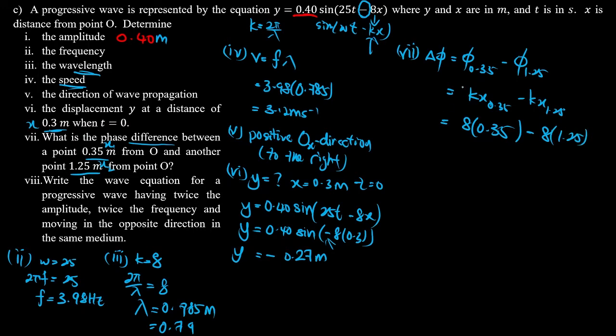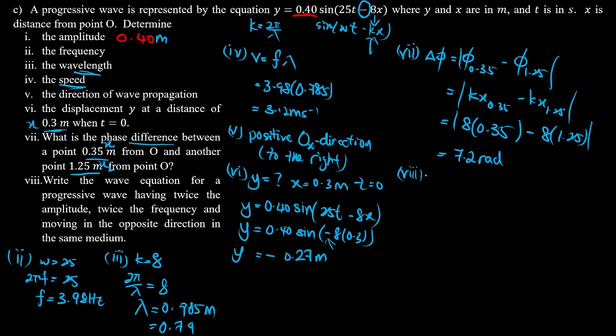Because difference means you have to take the modulus, you are using the larger value minus the smaller value. So you will get your phase difference at 7.2 radian. Remember, the unit of phase difference is radians.